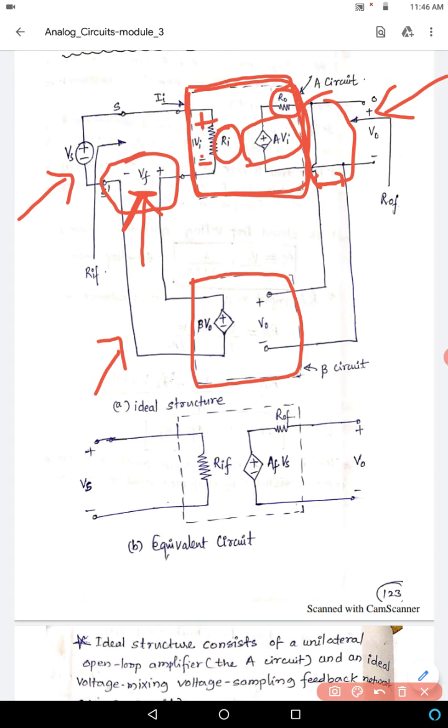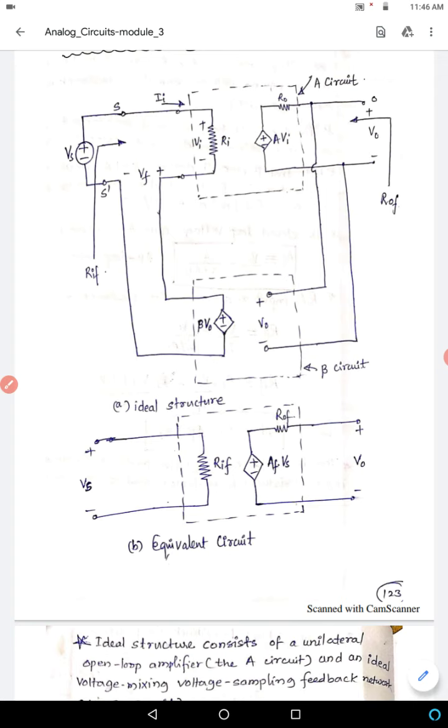A is nothing but your voltage gain, vi is nothing but your input voltage. Normally I will write gain equal to v naught divided by vi. Similarly, v naught equal to A vi, that they have replaced. That means the whole part will be replaced by its equivalent circuit, that is your amplifier part, the A circuit.